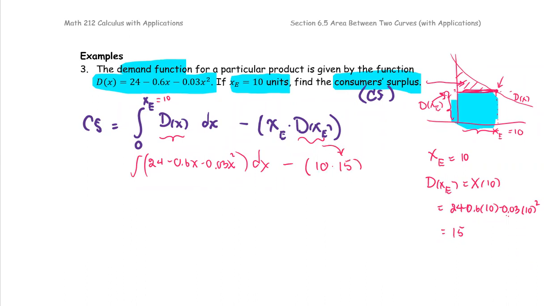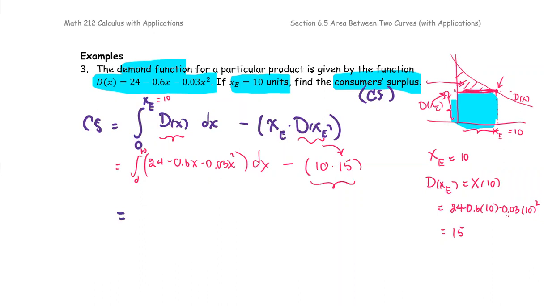So our problem is the definite integral from 0 to 10 of 24 minus 0.6x minus 0.03x squared with respect to x, subtracted by the price times the equilibrium unit. What we have to do next is the routine work: find the antiderivative for the first part and then subtract 10 times 15, which is 150.